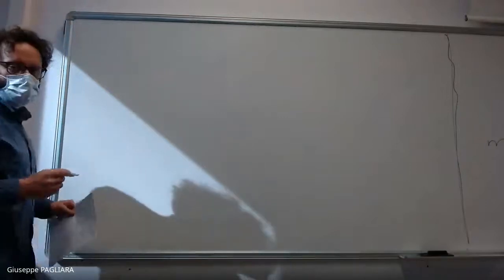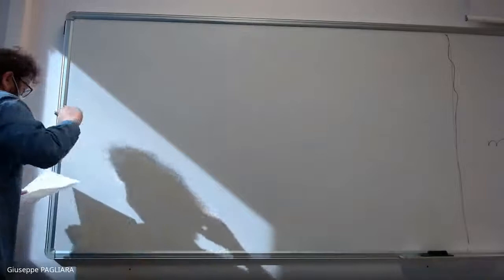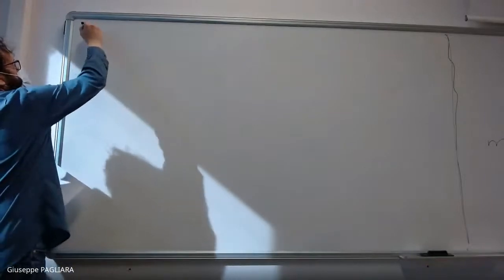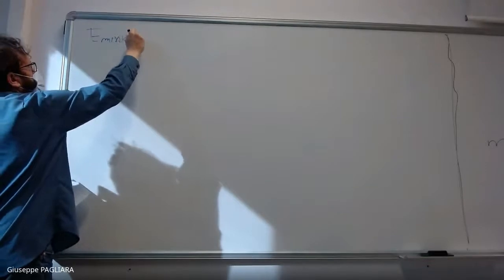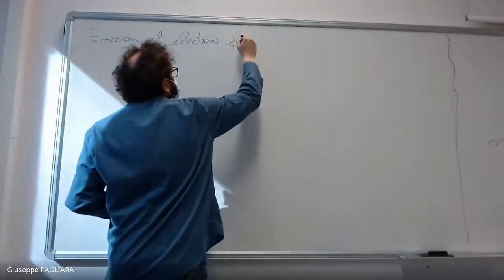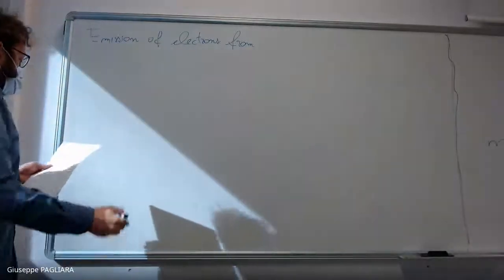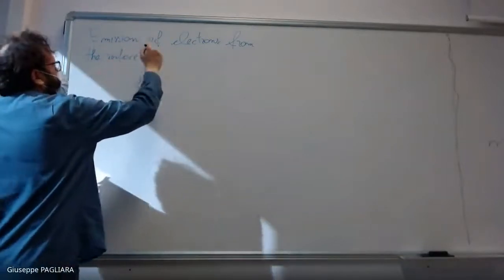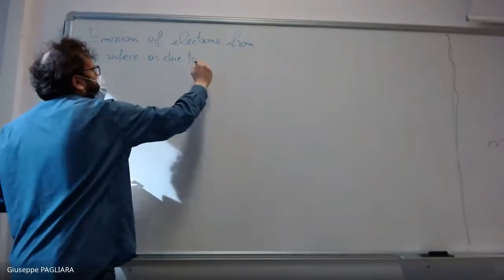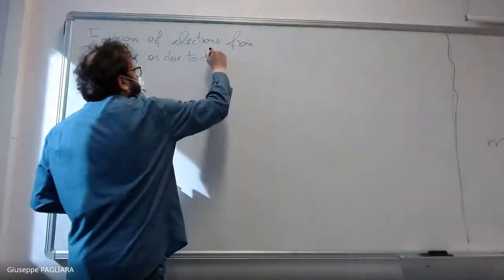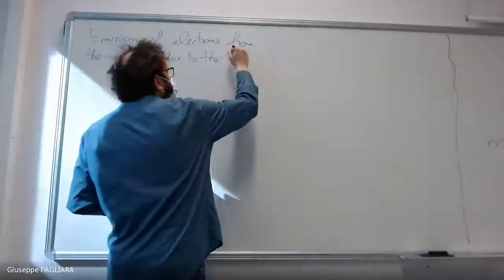Now let's do a little exercise on this part, and let's consider this physical effect, which is called the thermionic effect: the emission of electrons from the surface of a metal, for instance, due to heating.